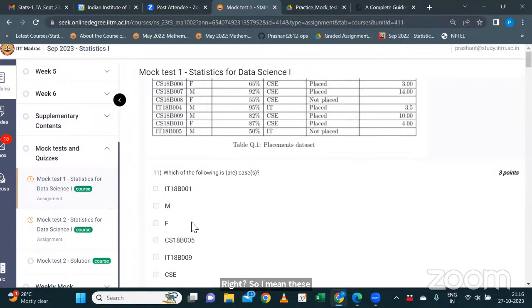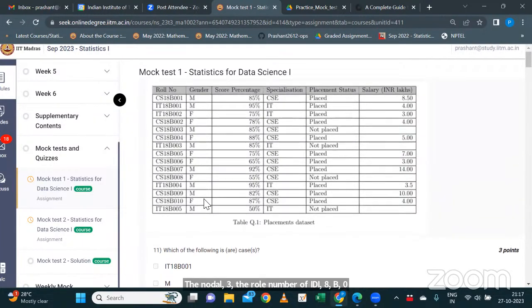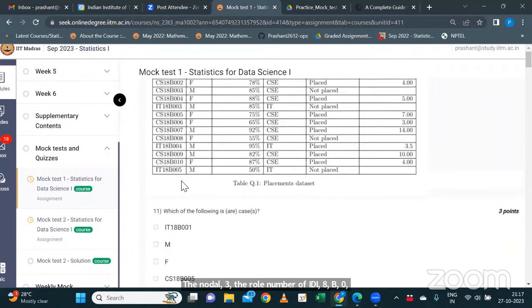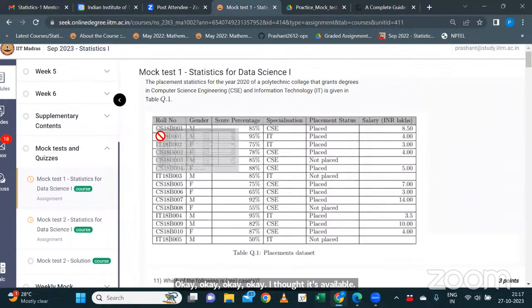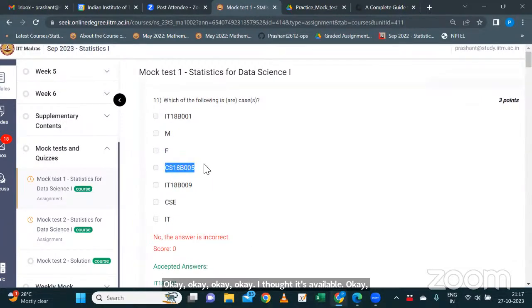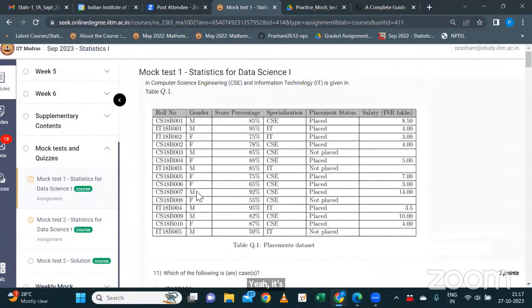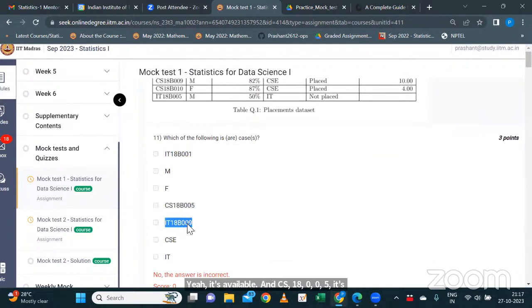Not all three. The roll number IT 18B009 is not available in the table. Okay, then IT 18B001 is available, and CS 18B005 is available. So these two are the cases. This one is not in the table, so that is not a case. Suppose it were in the table, then it would be a case, right?